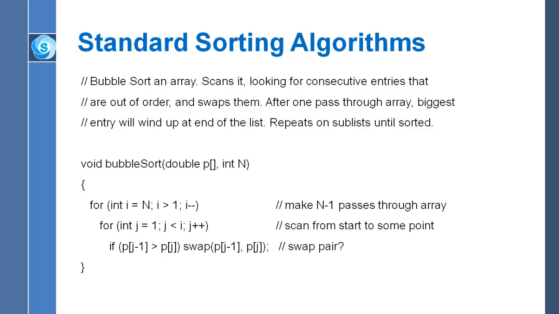Because C and C++ are incapable of figuring out the length of an array, unlike, say, Java, I am also going to pass as a second parameter capital N, which is going to receive the length of the array when bubble sort is used. Okay? And then it's just simply a matter of nesting two loops.